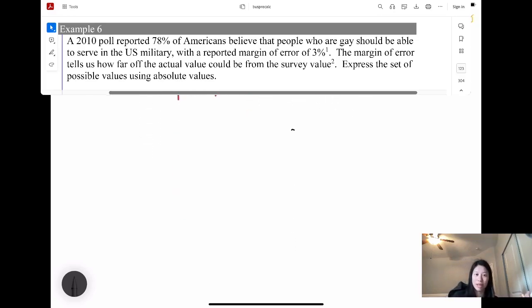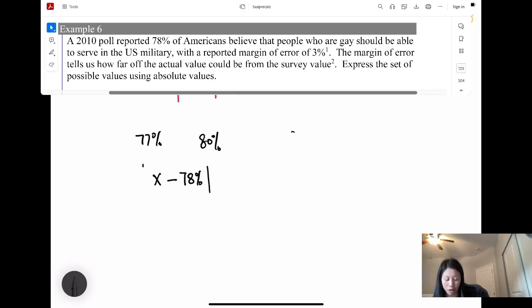So in the true statistic, maybe 77% of Americans believe that people who are gay should be able to serve in the military. Or on the other hand, 80% is still within a 3% margin of error from 78%. So if we let this be S, then S minus 78% should be less than or equal to 3%.